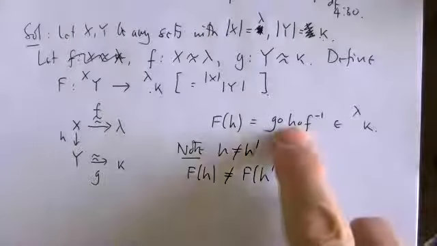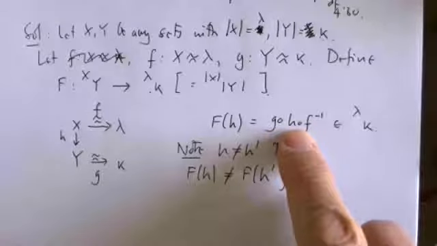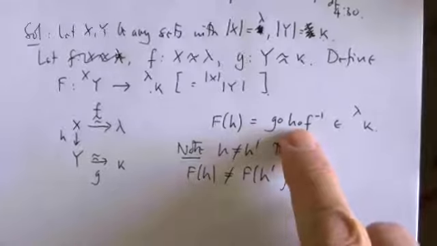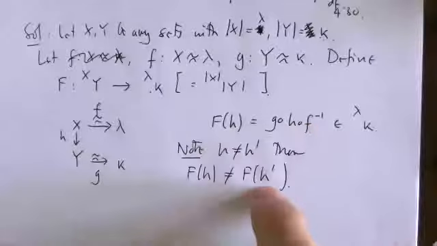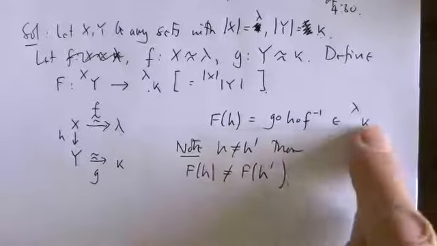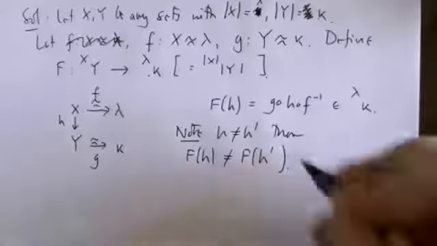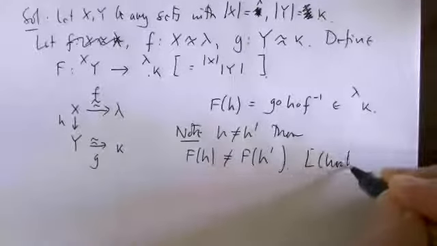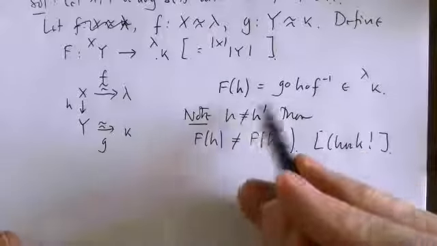I've changed this function here, so h and h prime are going to do two different things on something in their domain. So that's going to change the function here. So I'll just let you check this. But F is also onto.